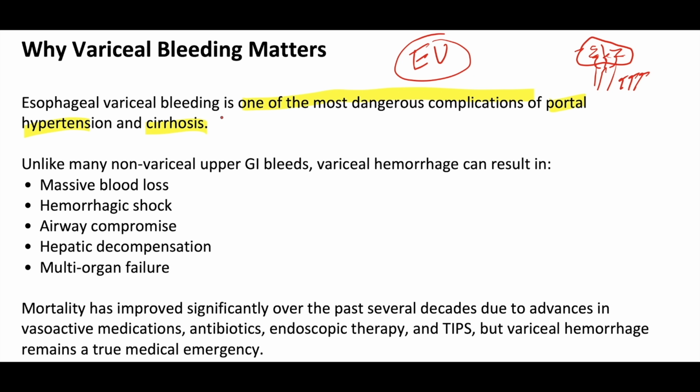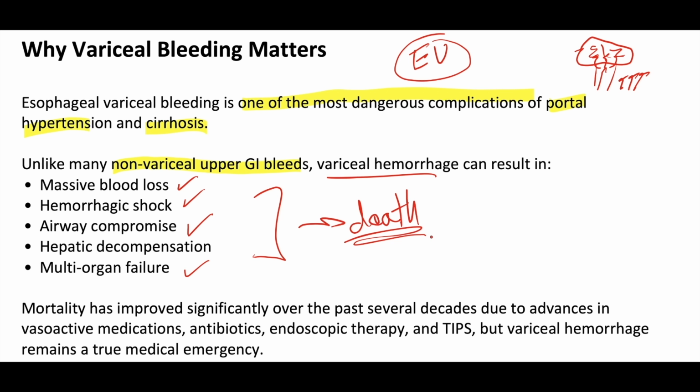Unlike many non-variceal upper GI bleeds, GI bleeds from not varices, variceal hemorrhage can result in an incredible amount of blood loss. This can lead to hemorrhagic shock, airway compromise, multi-organ failure, and all these things can contribute to death. This is a very, very deadly complication of portal hypertension, and it can be incredibly hard to manage, and we'll get into that a little bit as we go through.